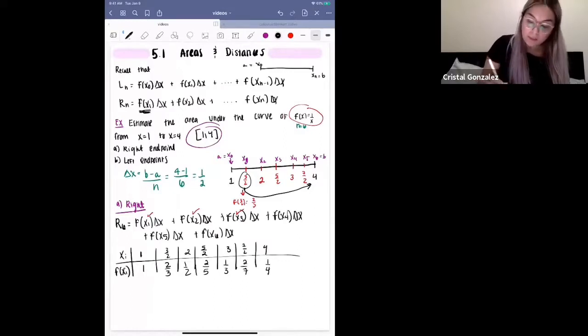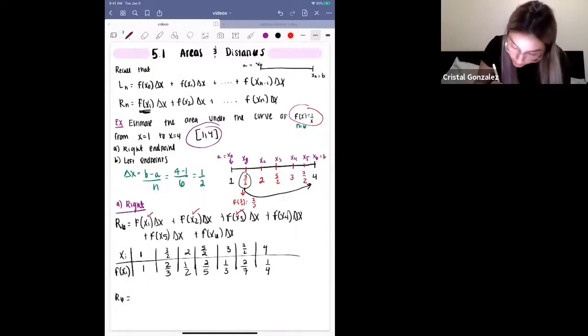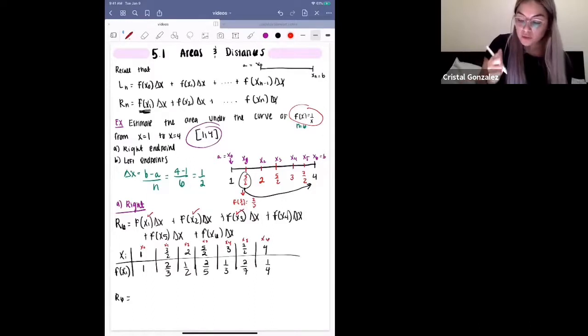Now when I want to plug into my right endpoint, I can easily look at the graph and go, okay, this is going to be x naught, x1, x2, x3, x4, x5, x6. I guess I should have labeled these too. For my right endpoint, we always start here. So it's going to be f of x1, which is right here, 2 over 3, times our width, which always stays the same.